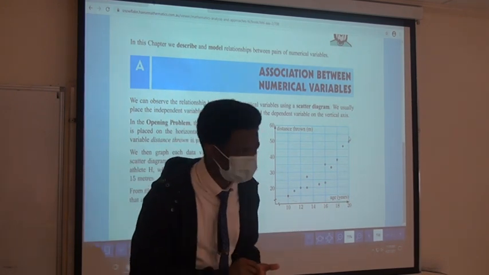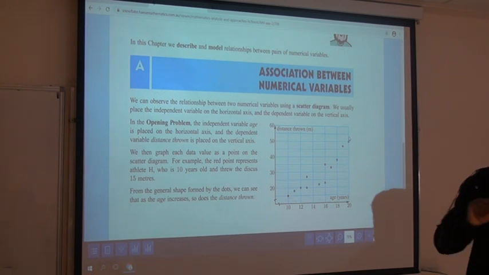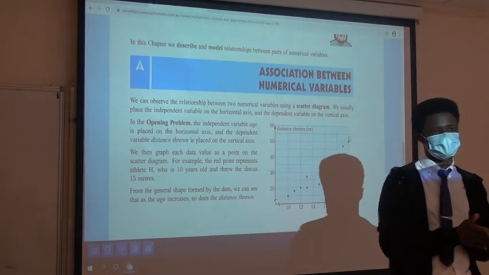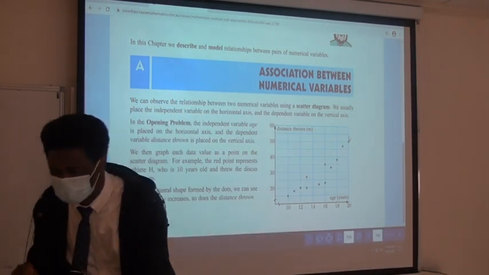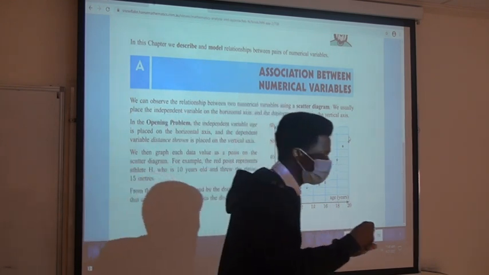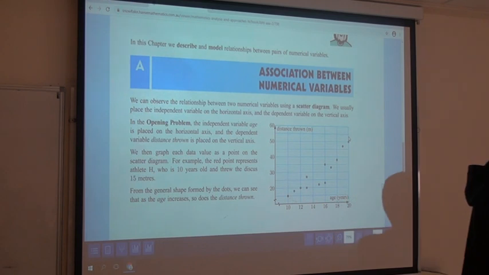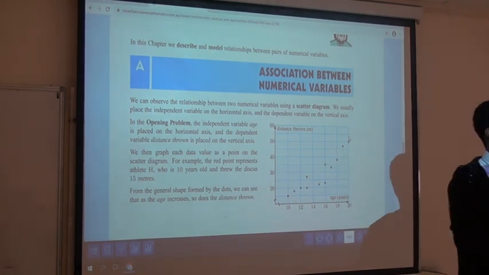How much time do you study? You write it down. For maybe a particular test, it could be Mr. Daniel's test. And at the end, you collect the data. What is your percentage score? You write it down. And then you want to know, is there a connection between the two? Or is it just by chance?